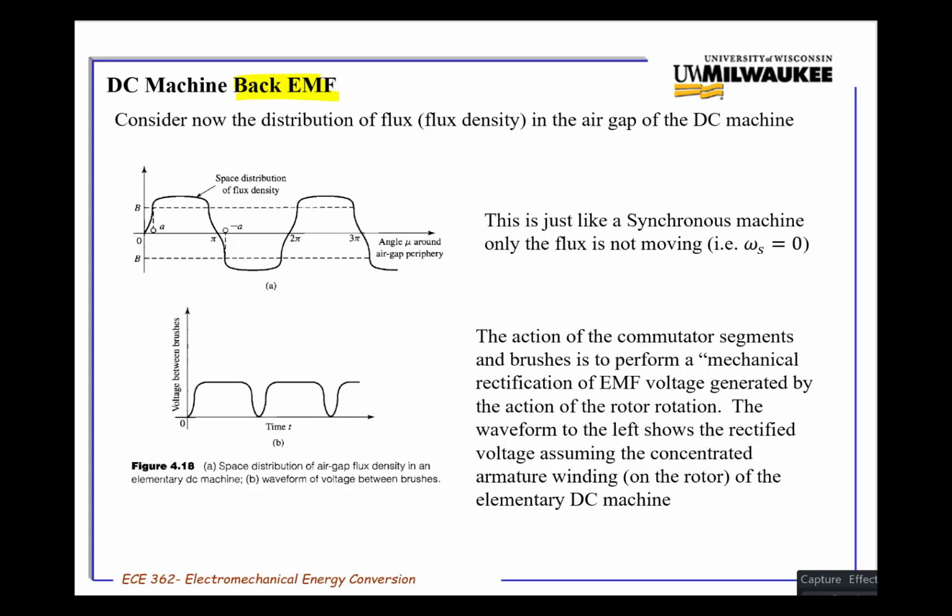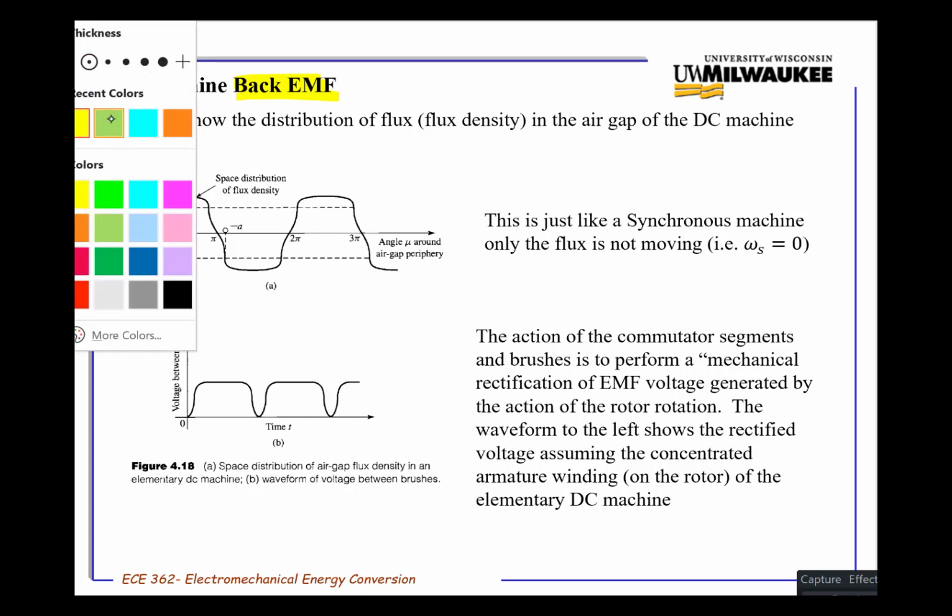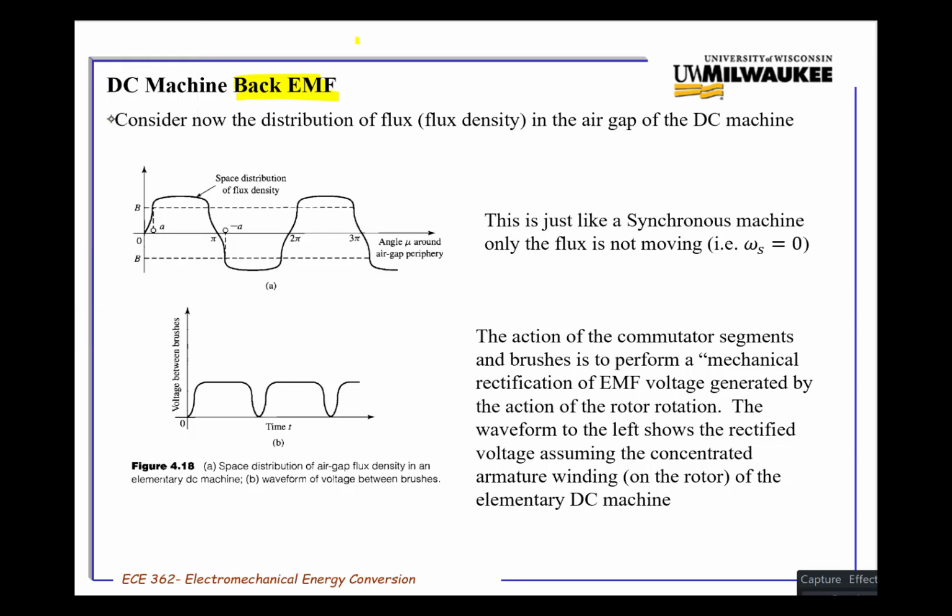Okay, so back EMF, electromotive force, it comes from Faraday's law. What you have first is a flux density in the air gap. Now this shows, just like we did, remember we had a synchronous machine, we had a flux density in the air gap, but it was a sine wave because we were only concerned about using the fundamental component of it.